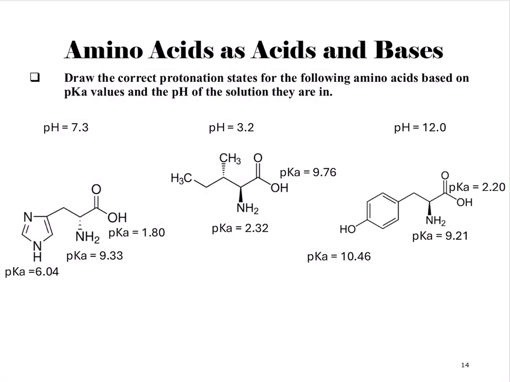Okay, so then why don't you guys take a second for each of these amino acids, draw the correct form of them in the correct protonation state based off of the pH of the solution. So these are the pHs of the solution that they're in, and then each proton has a pKa value that's associated with it.